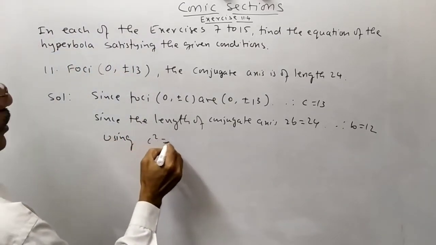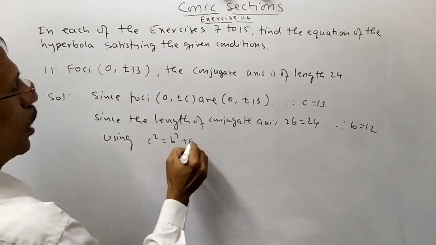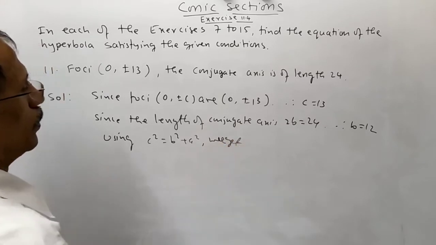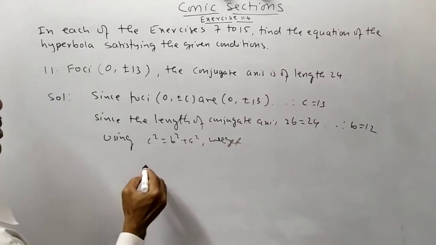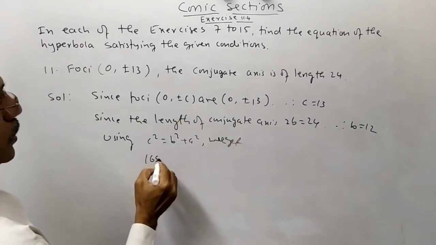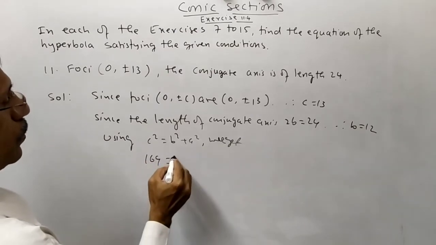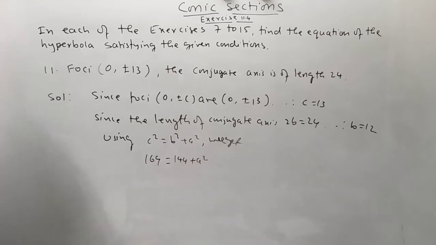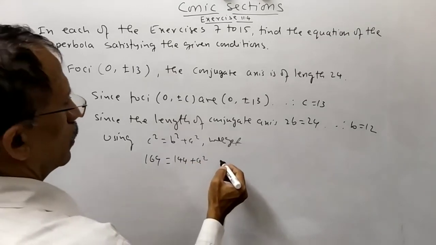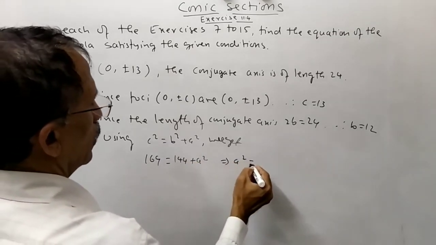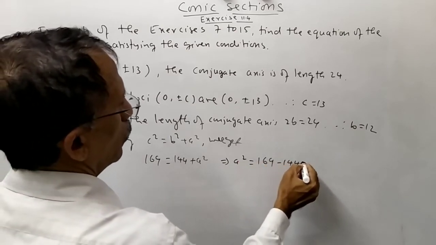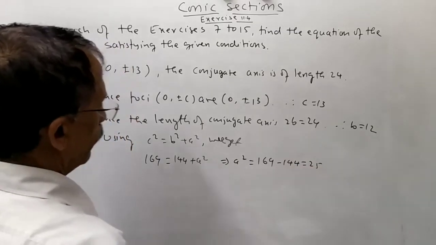Using c square is equal to b square plus a square, we get 169 is equal to 144 plus a square. This implies a square is equal to 169 minus 144 is equal to 25.